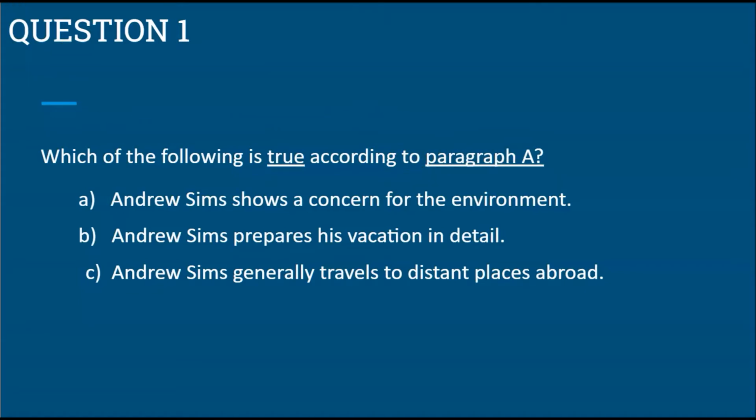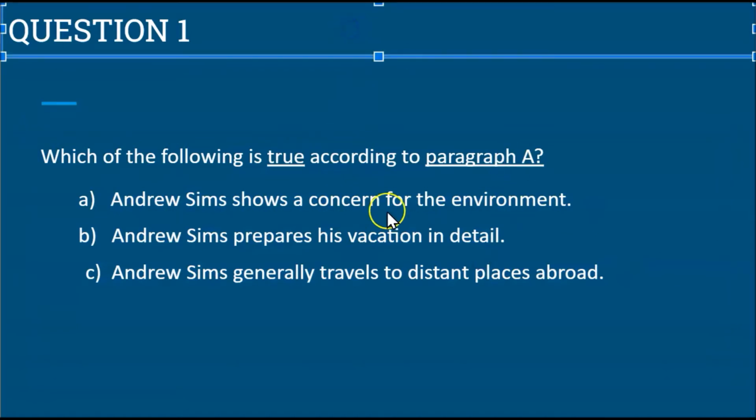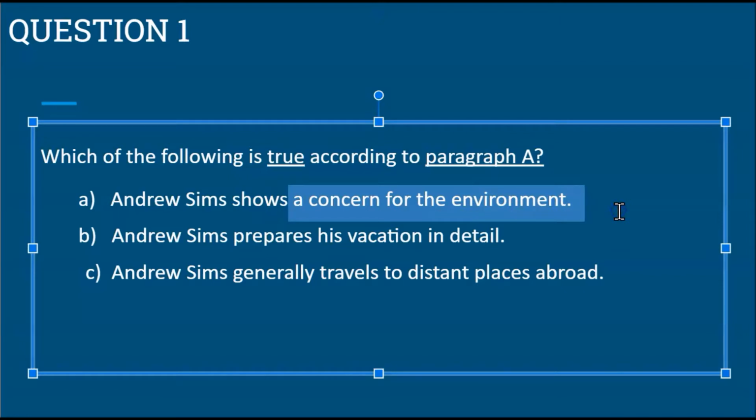While reading the questions, one great tip that I can offer you here is to be attentive to the keywords in the multiple choices. For this question, the keyword for the first one should be a concern for the environment, right? And for the second choice, another keyword is the vacation, and in detail, his vacation in detail.